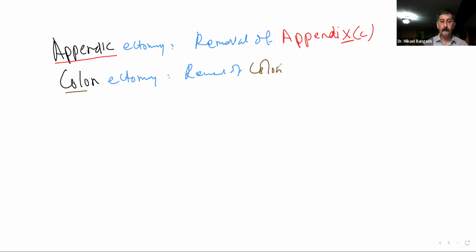There may be a partial one, but you may come across a word like hemicolonectomy. The word hemi will just mean half. So removal of half of the colon.